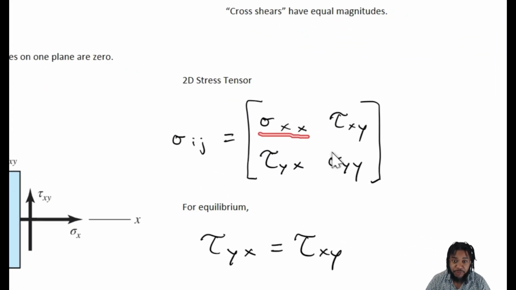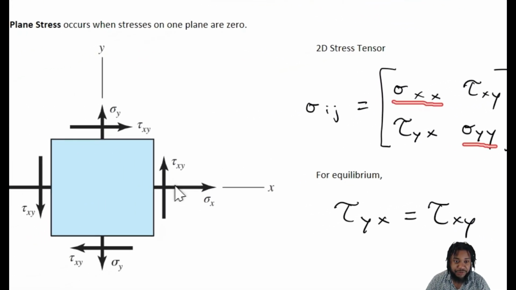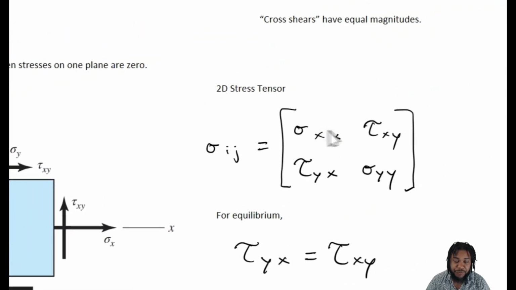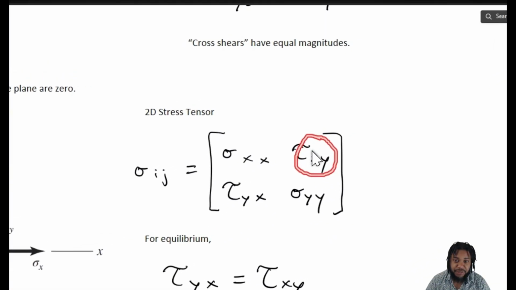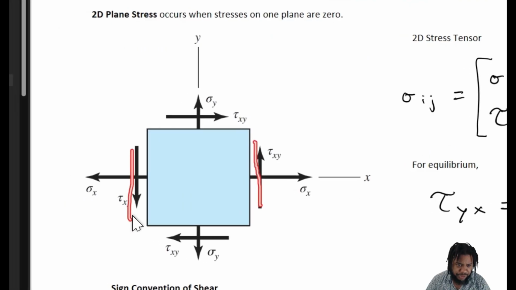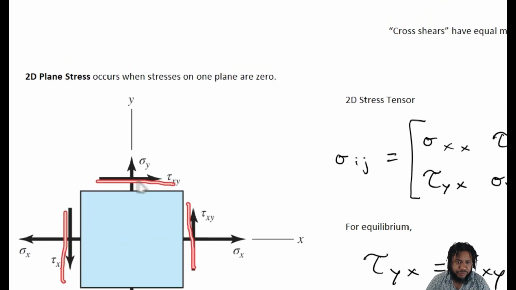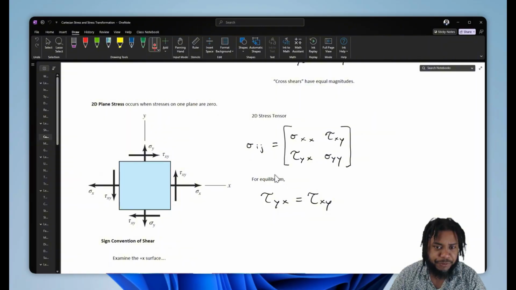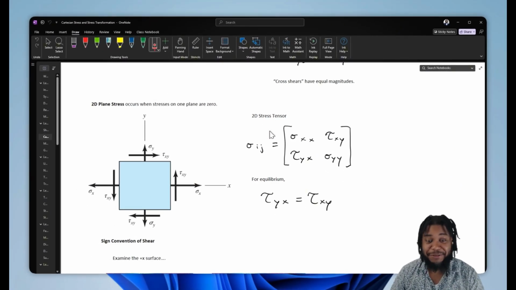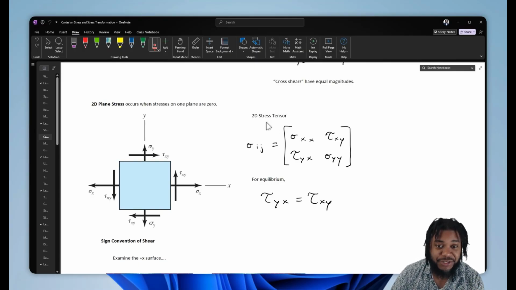There's a normal stress in the X direction and the Y direction. And then there are shear stresses, tau xy and tau yx, that are applied equal and opposite in order to maintain equilibrium, right? And this 2D stress is typically what we work with a lot in mechanics of materials and mechanical design. It makes it a little bit easier for us to solve problems.